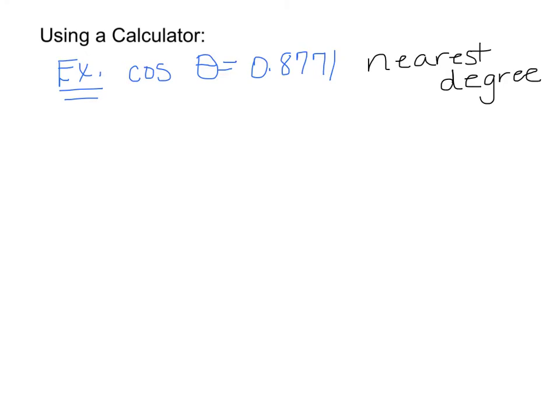So anytime you have to find the angle, you're going to use this symbol, which is what we call cosine inverse. So that means that you're going to have to type in second cosine to actually get the angle.